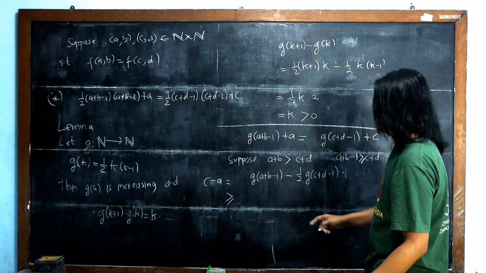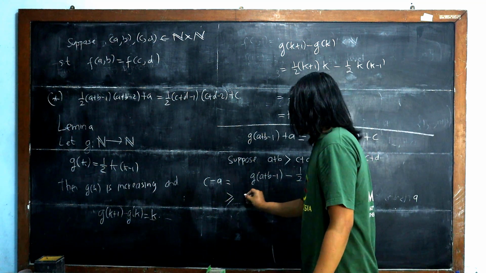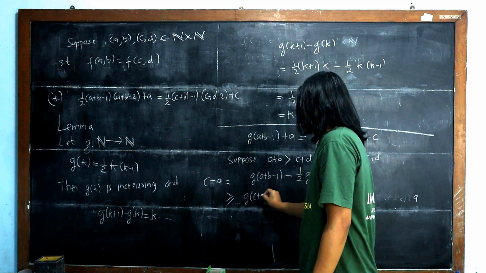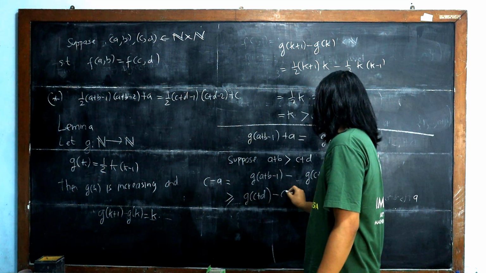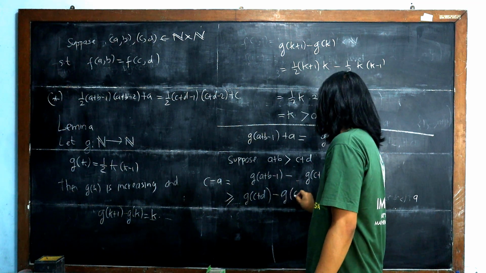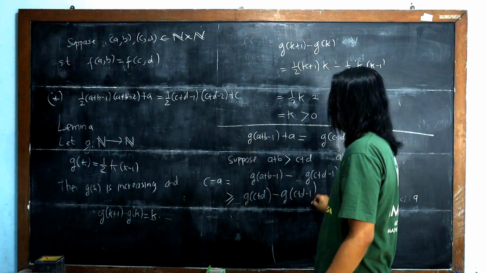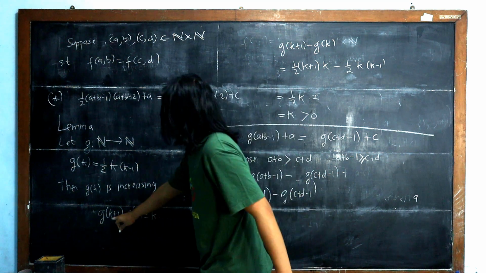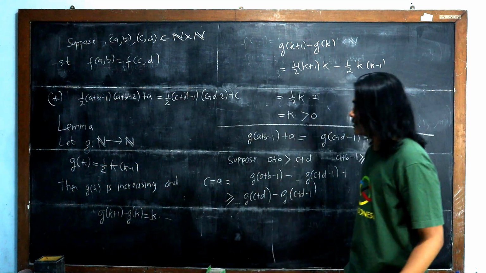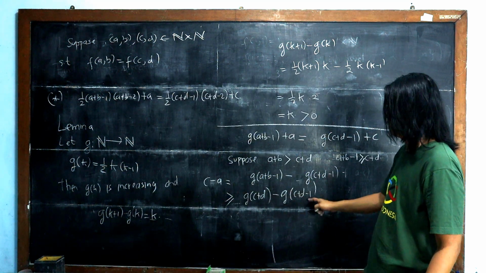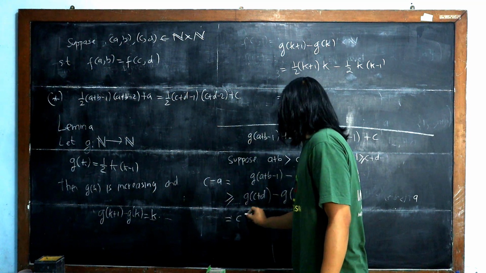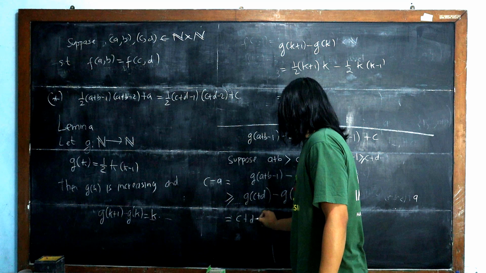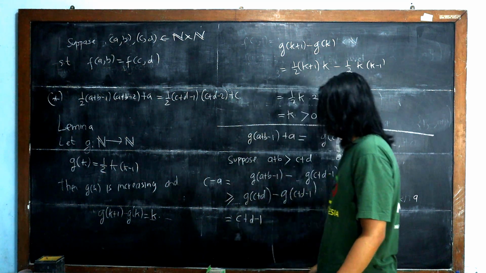Alright. So c minus a is greater or equal to g of c plus d minus g of c plus d minus 1. And according to the lemma, g of k plus 1 minus g of k is equal to k. So this thing is equal to c plus d minus 1. Okay?